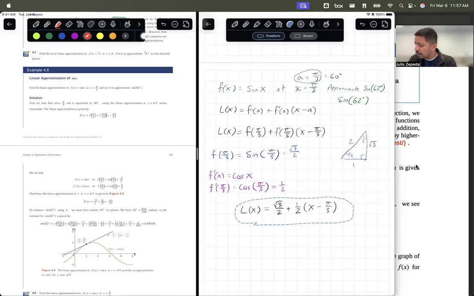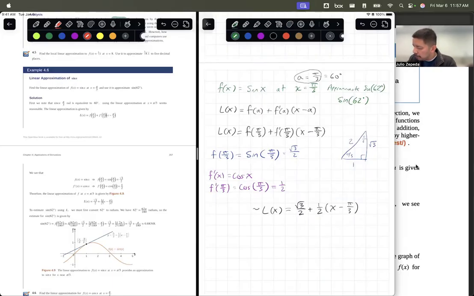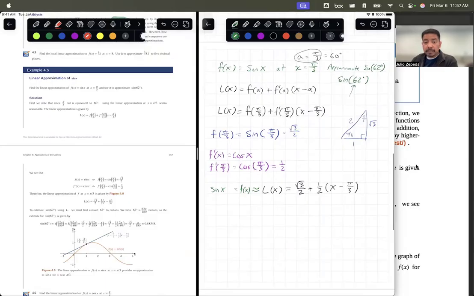Okay. So this line is approximately equal to the sine function, so I will put approximately equal to the function f of x, which is sine of x. So if we want to find the sine of 62 degrees, we just plug in 62 degrees. But as I mentioned, we should plug it in terms of radians.